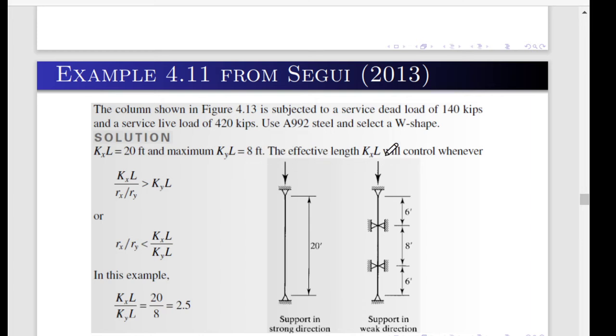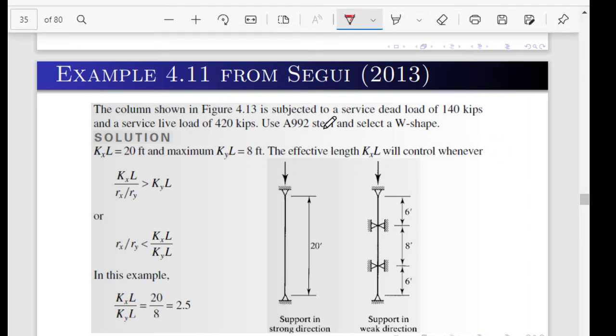The effective length KXL will control whenever this KXL over KYL is greater than the Rx over Ry, or this Rx over Ry is less than this KXL over KYL. So in this example, we have the value of KXL equal to 20 and KYL 8.